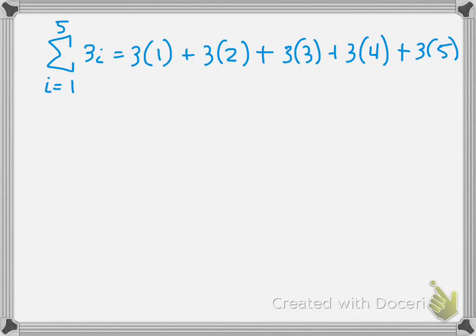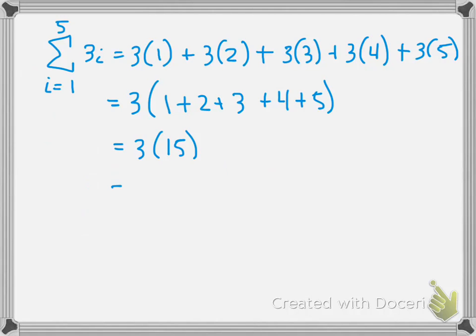So I do all 5 of these together. Now since they all have 3's, I can factor out that 3, and then just do 1 plus 2 plus 3 plus 4 plus 5. 1 plus 2 is 3, plus 3 is 6, plus 4 is 10, plus 5 is 15. And then 3 times 15 is 45. That's one way to do it.